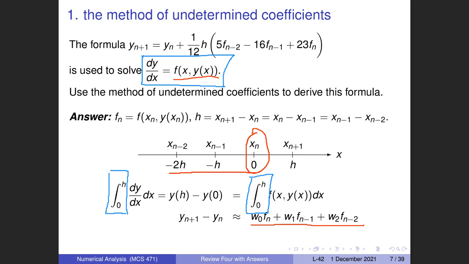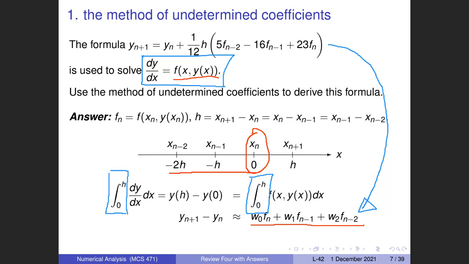So in answering this question, this is more or less what you need to have in your head. You want to translate, perhaps now again the blue color, you want to go from the explicit formula to the construction of a quadrature rule.